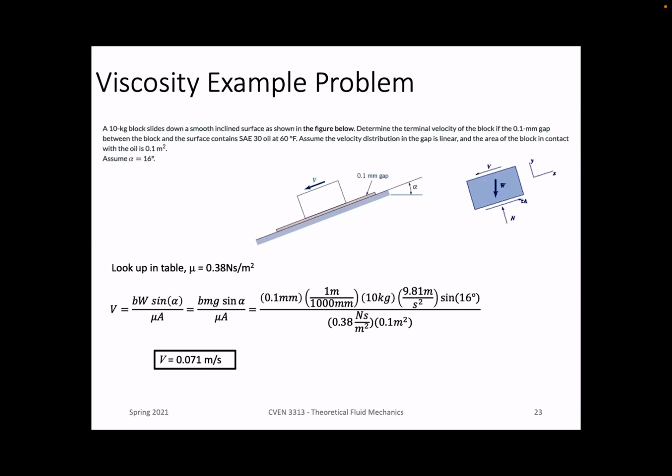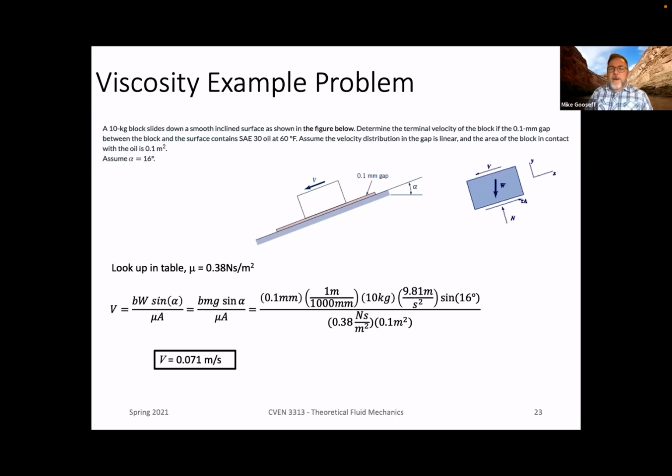So pretty slow, obviously not moving very fast. I guess that is 7 centimeters per second. So what is that? Almost 3 inches, something like that, 2.5, somewhere in there. So not unreasonably fast, not unreasonably slow. One good gut check maybe is to just say, well, does that make sense?